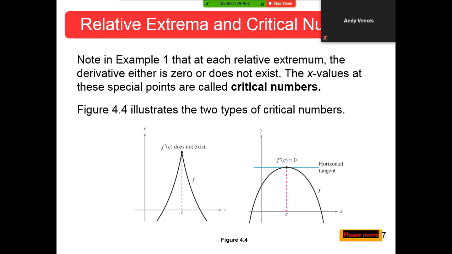Then you investigate to see. This one, obviously, is going to be a relative maximum. In fact, it looks like an absolute maximum. This also is a relative and/or absolute maximum. From what we can see, both of those would be relative maximums.